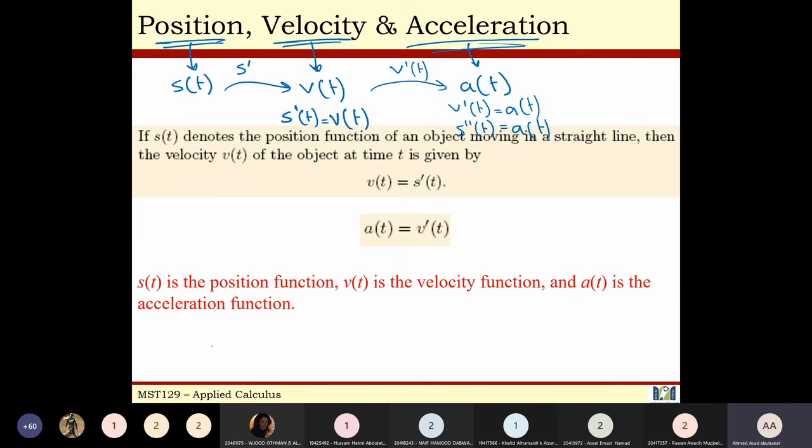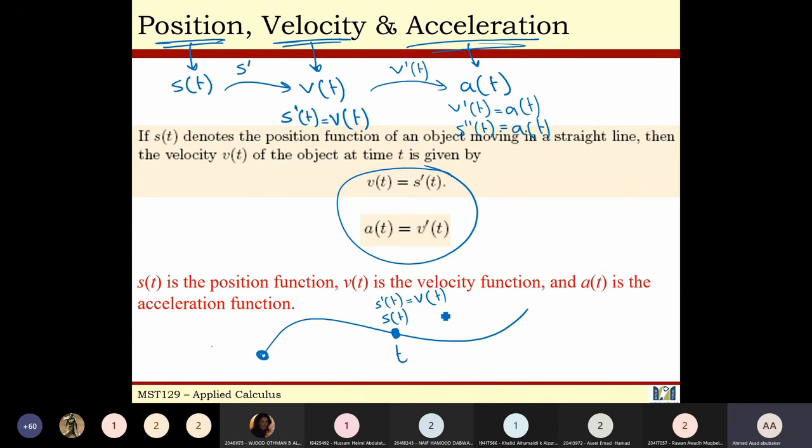Okay. Now look at this. For example, if we have this object on this track at any time, after 1 hour, 5 minutes, 2 weeks, and so on, we can use s to find the position, or we can find s prime to find the velocity, or also we can find s double prime to find the acceleration.